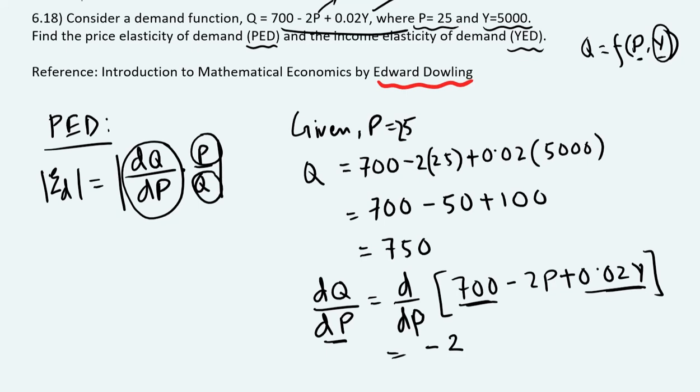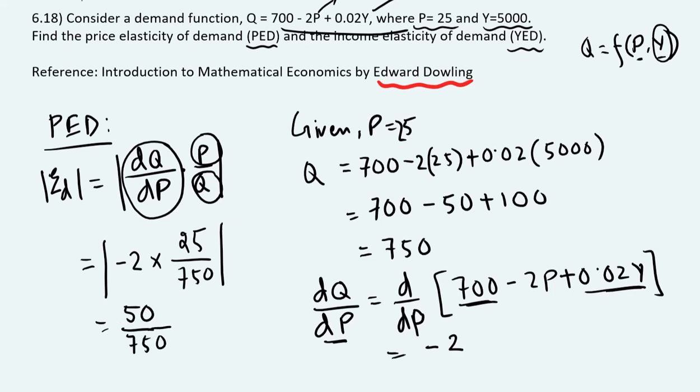Now if I insert these values in the formula, negative 2 times P is 25, Q is 750, so 50 by 750.